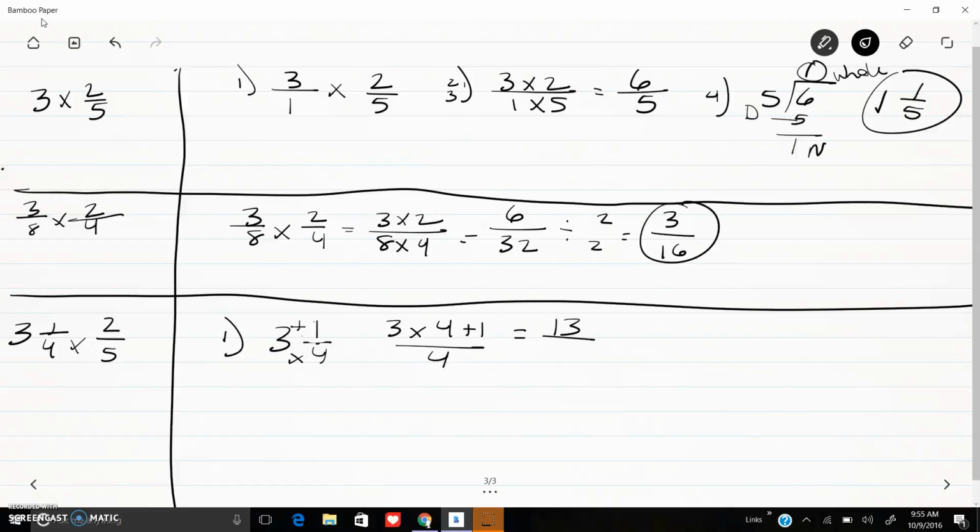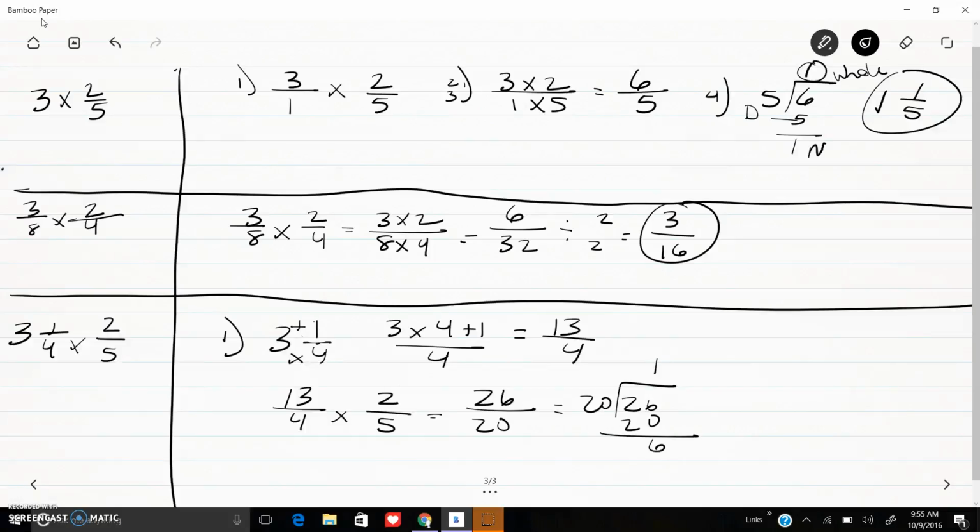So that's 13/4. And then I'm going to multiply 13/4 times 2/5. 13 times 2 is 26. 4 times 5 is 20. So I also have another improper fraction, so I have to divide. 20 can go into 26 one time. So I have 1 and 6/20, which I can make smaller. So my answer is 1 and 3/10.